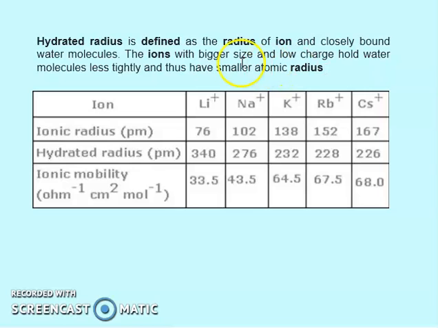So the ion with bigger size and low charge holds water molecules less tightly and then has a smaller radius. I think now it is clear for you.